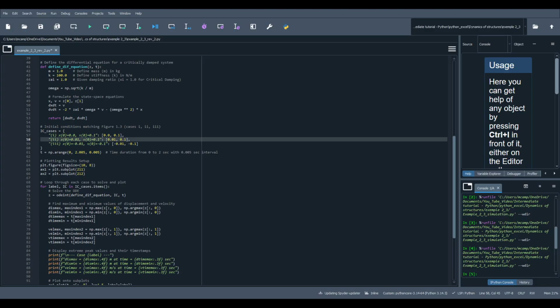For the third case, the displacement at time 0 is equal to 0.1 and the velocity is equal to 0.1. This is the time span we choose for plotting the solution. Here we plot the result of the setup.